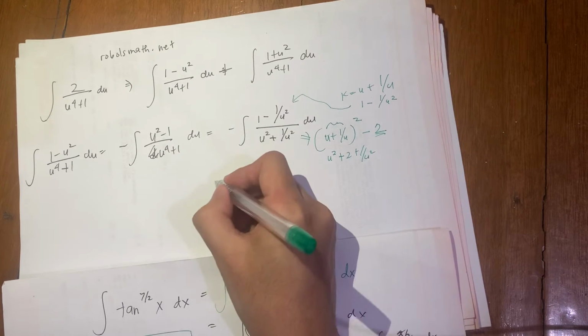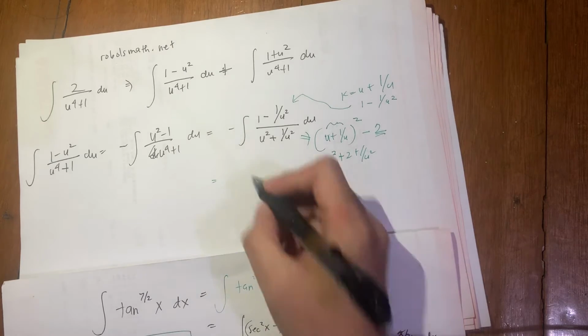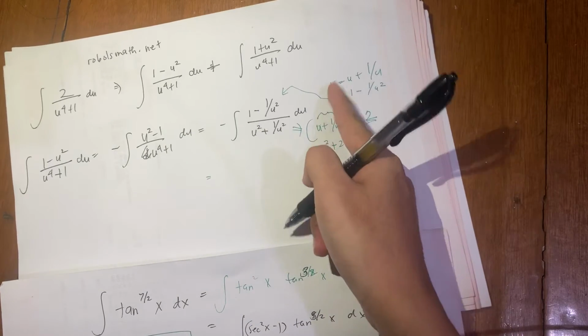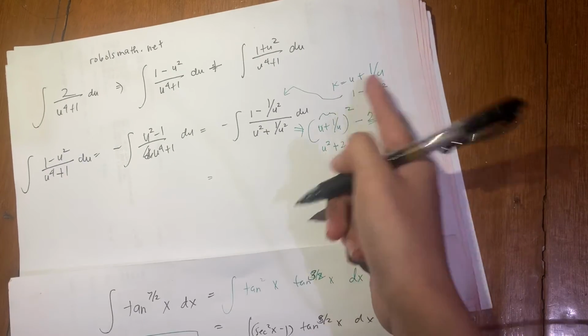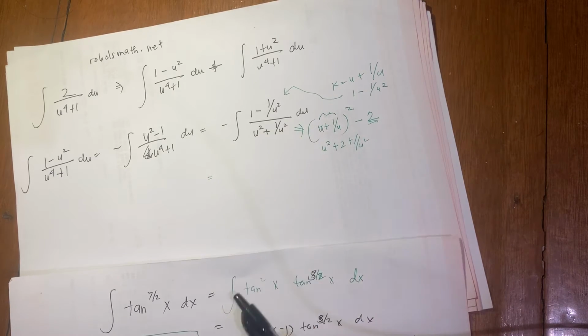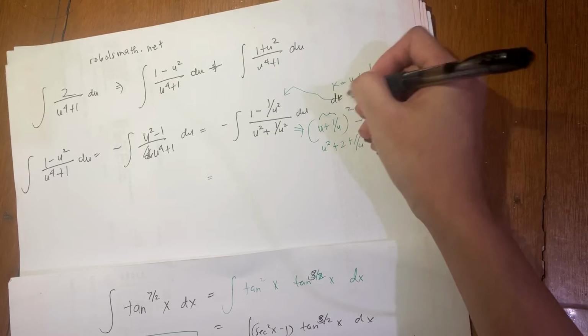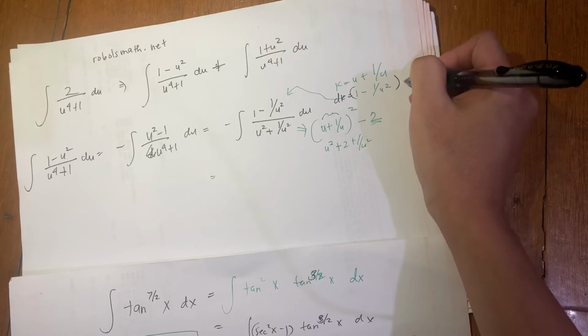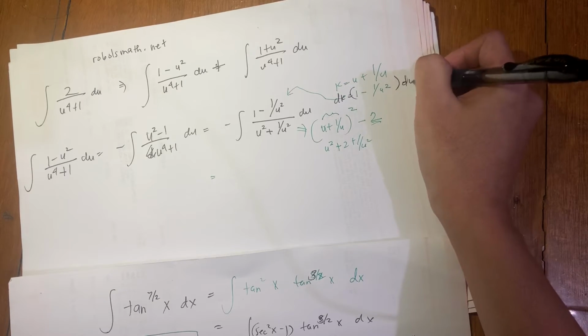So dk is equal to 1 minus 1 over u squared du.